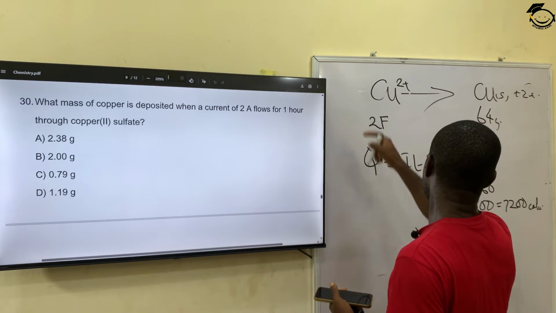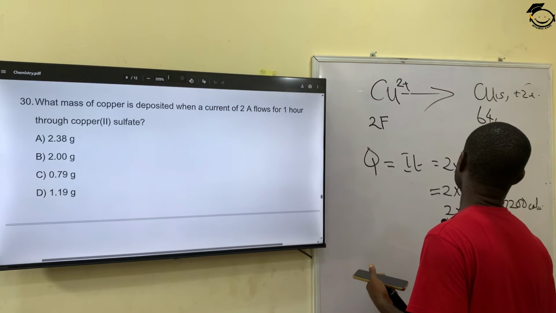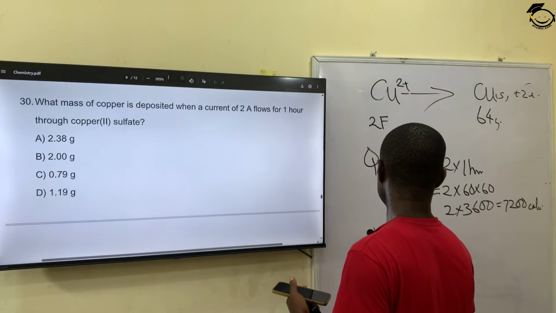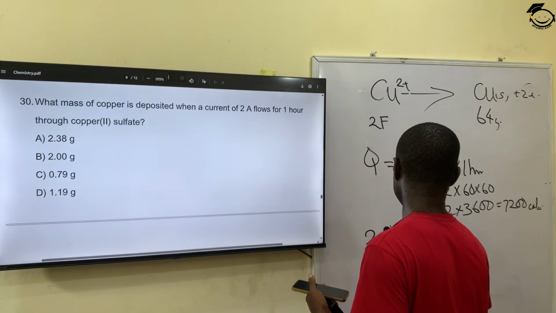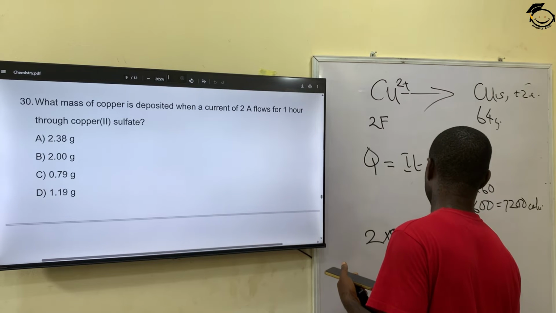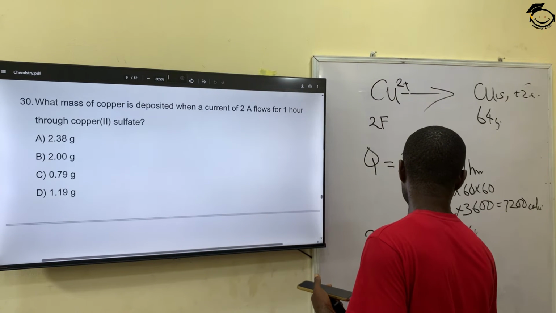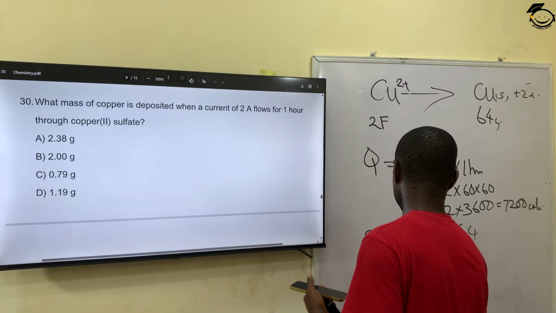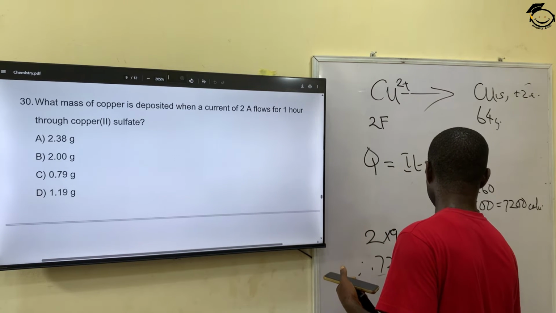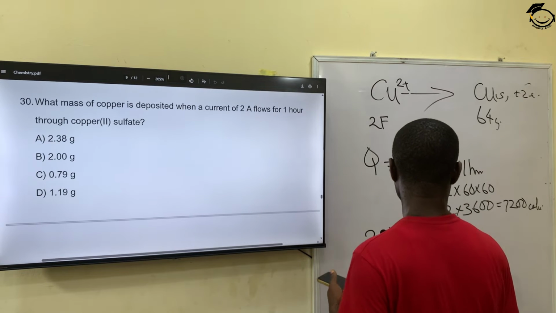So what mass? Since 1 mole of copper gives you 64 grams, 2 Faradays will be needed. So 2 Faradays, which is 2 times 96,500 coulombs, equals 64 grams. Therefore, 7,200 coulombs will give you X grams.